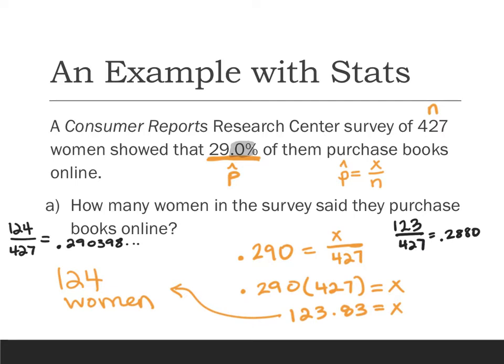I've got something in the way that's part of my controls for my whiteboard, but there we go. Just assume that there's a 5 there. And so this would not round to 29.0%. It would round to 29%. And so, it seems like a very, very fine line there.